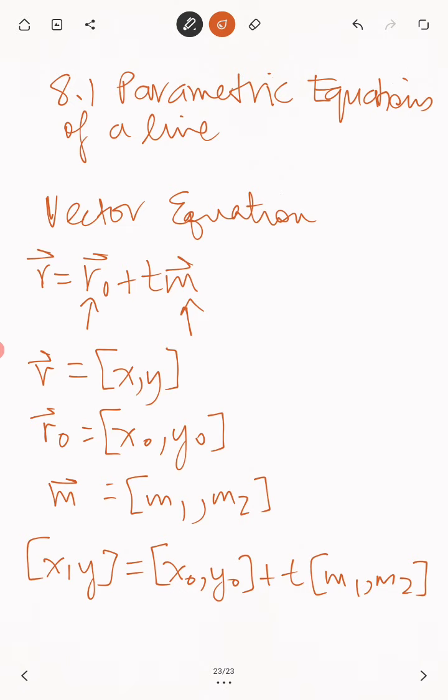And this is just another form for the equation of a line described by vectors, just like we have multiple forms from before: standard form, point-slope form, and slope-intercept form. And so for the parametric equations, I'm just going to go on the next page here.